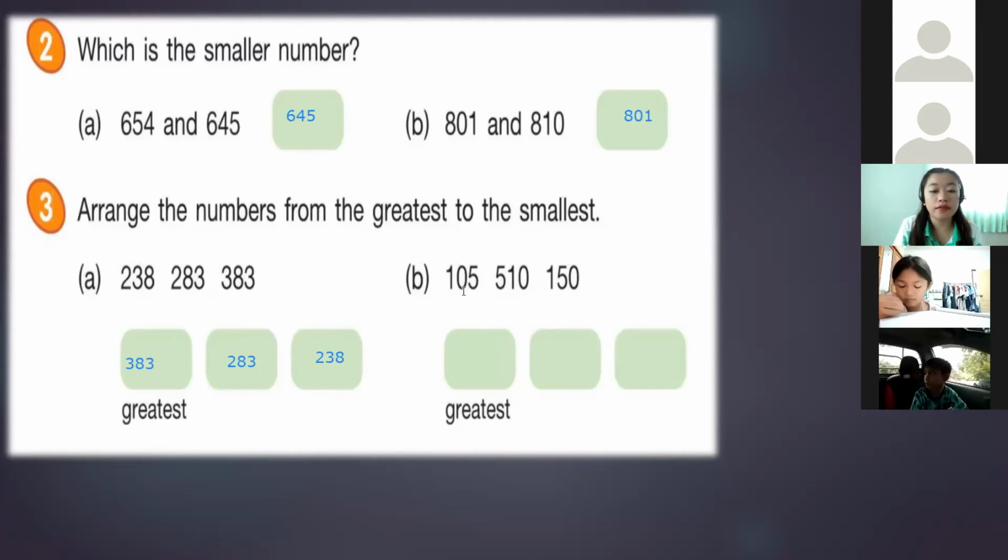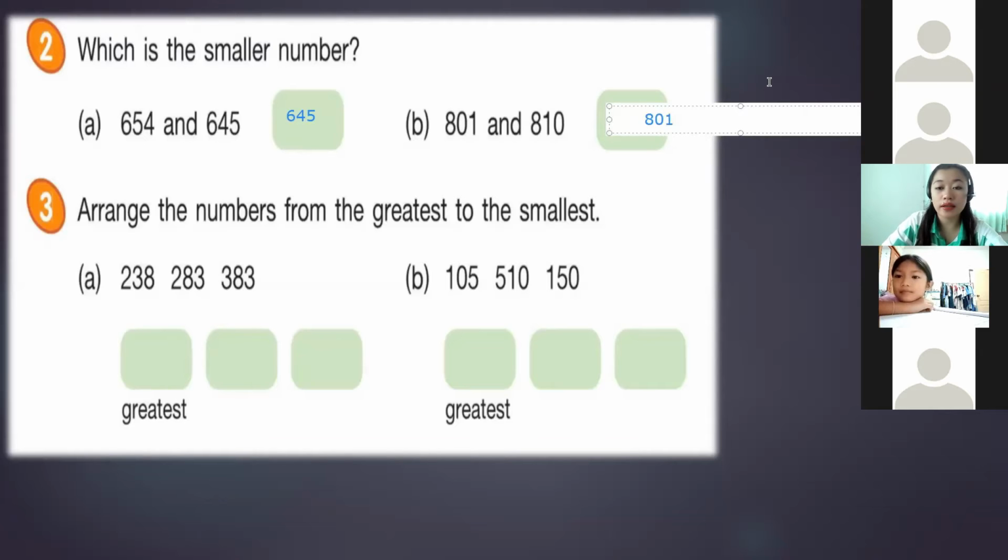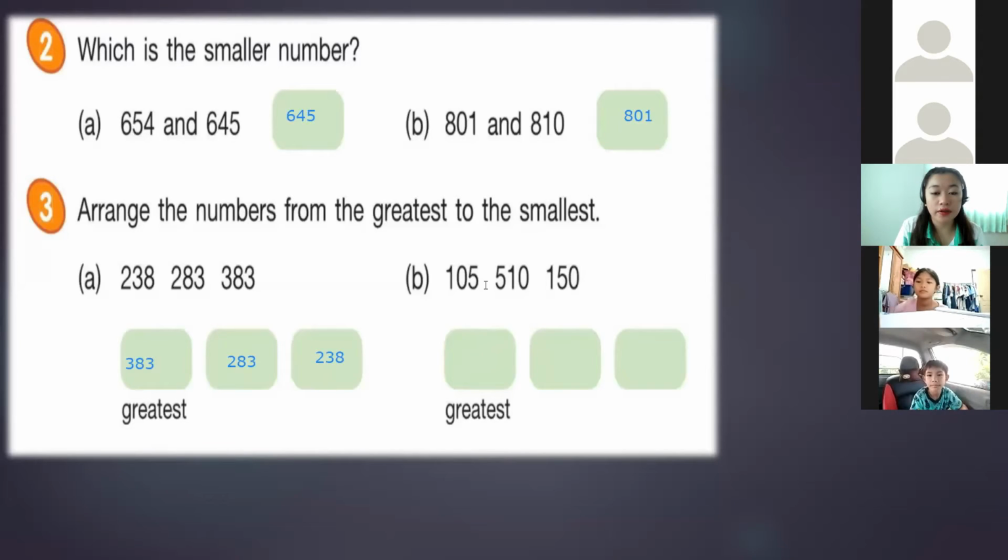In letter B, we have the numbers 105, 510, and 150. Which number is the greatest, the biggest number? Is it 105, 510, or 150? What number is bigger? 510.